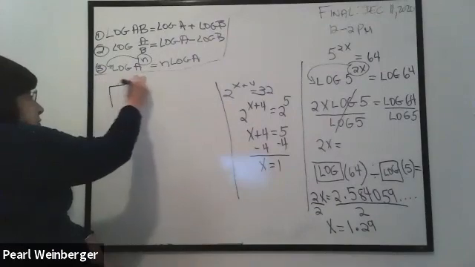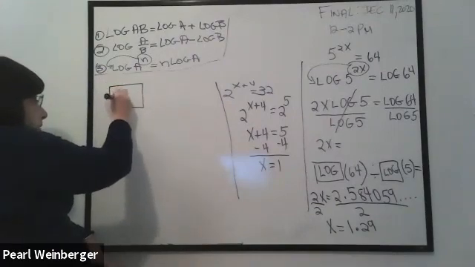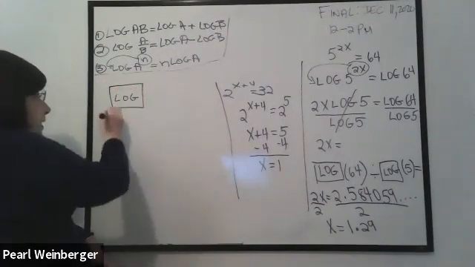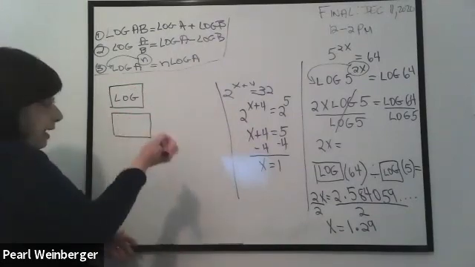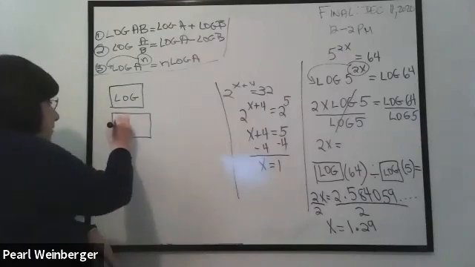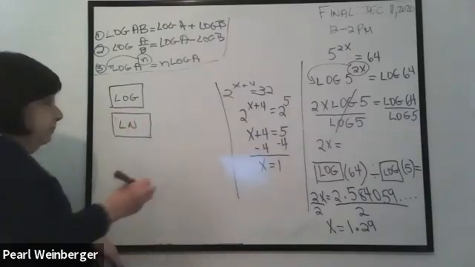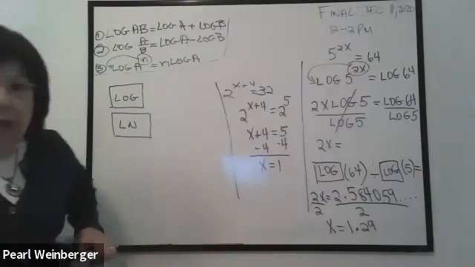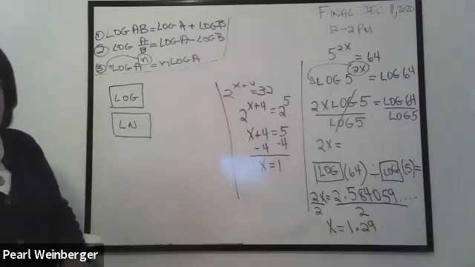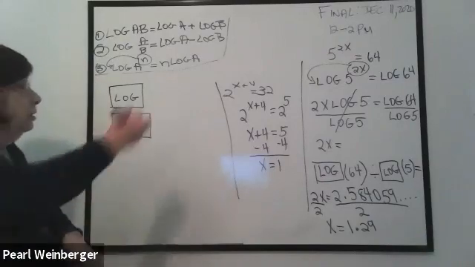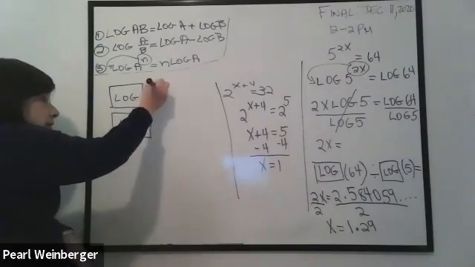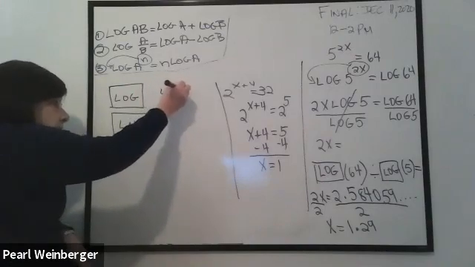Usually there's a button that says log, and then right near it, either on top, bottom, or side, there's a button that says LN. Now, LN is also a log button. The LOG button we know is the common log button. It's the button whose base is 10. This is log base 10.